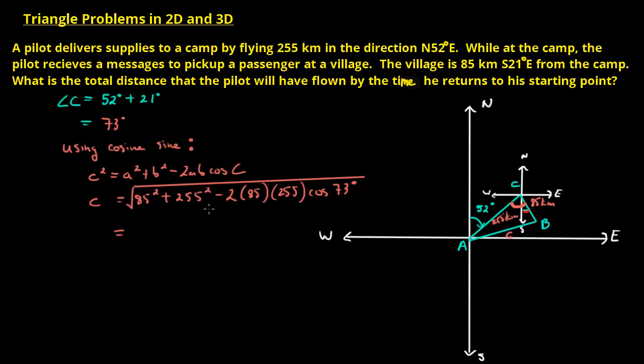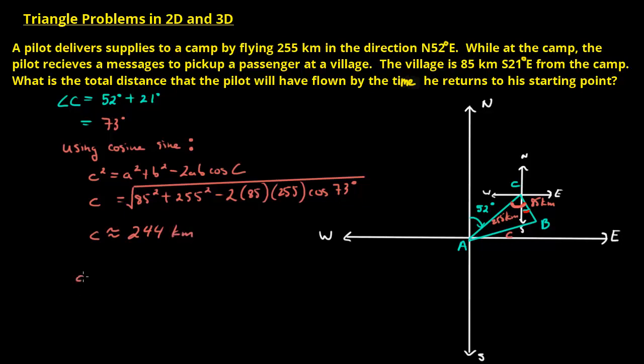So it's really important that you practice doing this with your own calculator, and you do actually verify this on your calculator. So we find that C is approximately 244 kilometers.